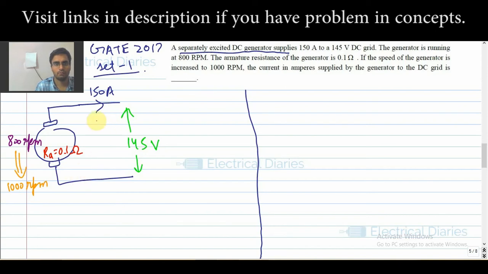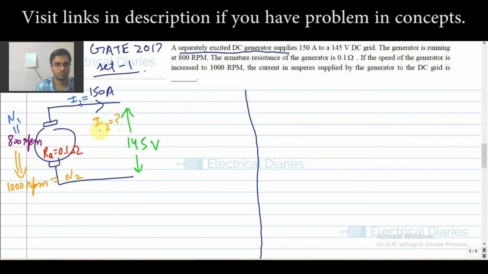So I have to find this I2. Let me say this is N2, and this was I1 and this was N1. So what he is asking is, I have to get this I2, and I have been given two speeds.